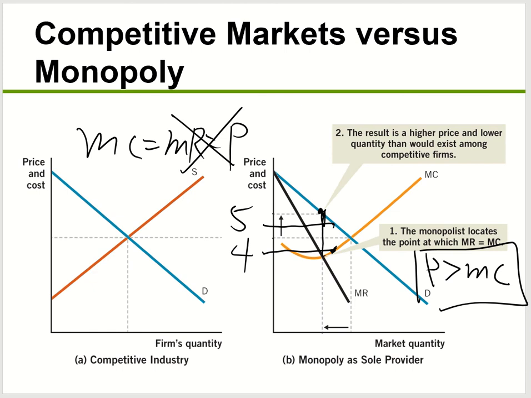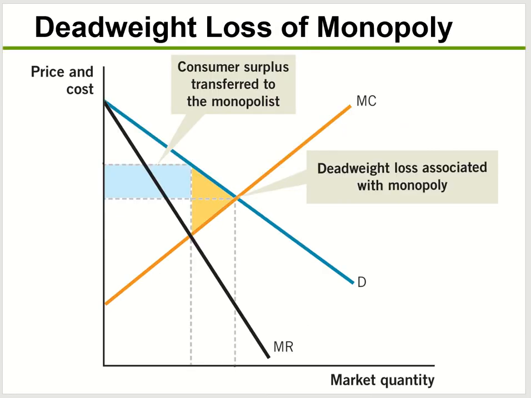But because this is a monopoly company, we're going to set the price way high, to $6. So this transaction cannot happen anymore. This transaction is lost. Remember from the previous chapter, whatever the loss is, that is our deadweight loss. So with a monopoly, you will have deadweight loss in the market. That's why monopoly is inefficient: they're producing at an inefficient output and charging inefficient prices.